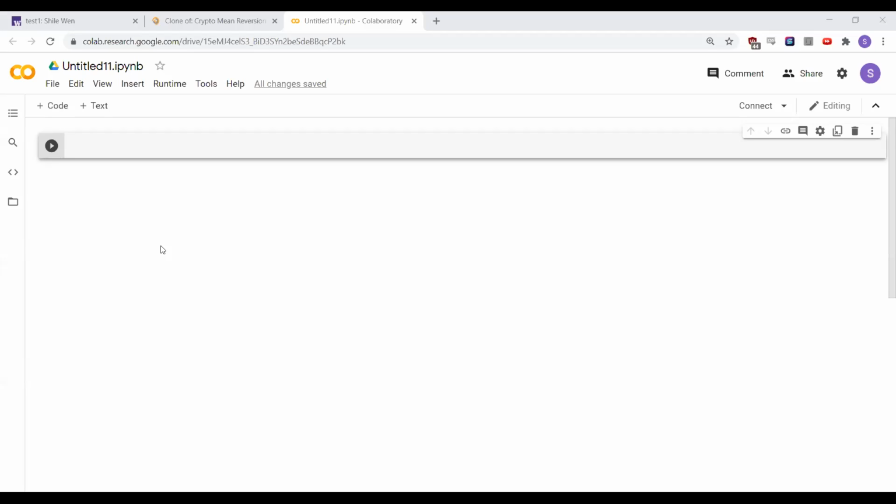Say this is A, this is B, and this is C. Now you can make some linear combination of A plus some beta B, and plus some beta C, and beta can be any real number. So now maybe we could try to make some linear combination that is mean reverting.